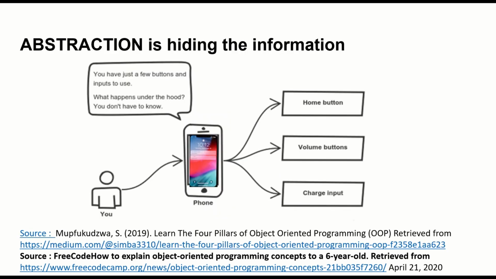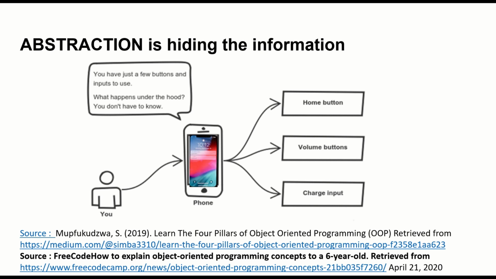Okay, the next pillar is abstraction. Abstraction is an extension of encapsulation, and this is a very powerful concept in OOP. It hides the unnecessary information and only displays what is needed. Applying abstraction means that each object should only expose a high-level mechanism, and this mechanism should hide internal implementation details.